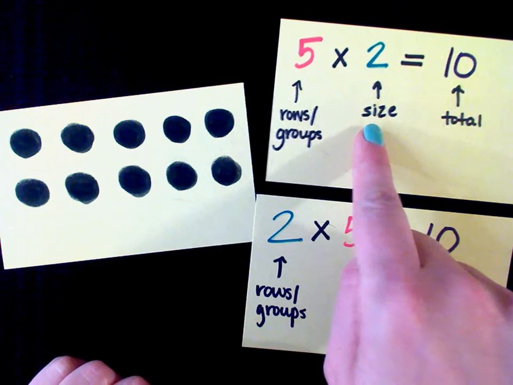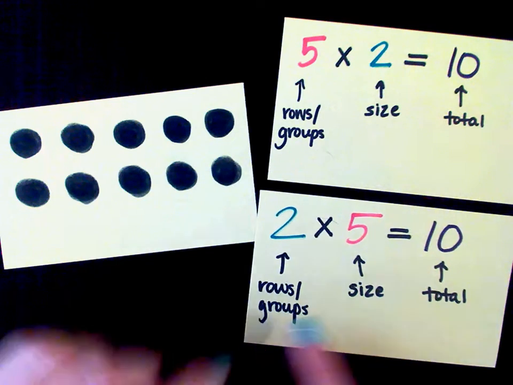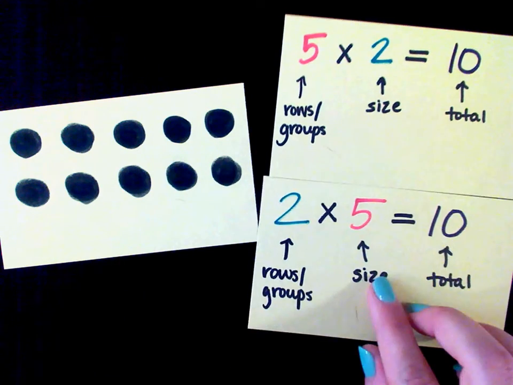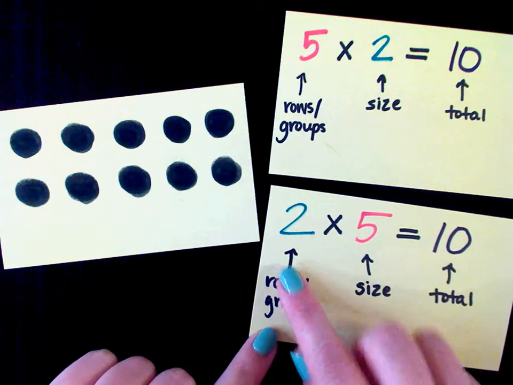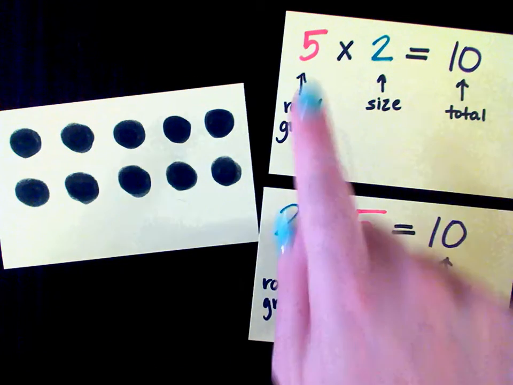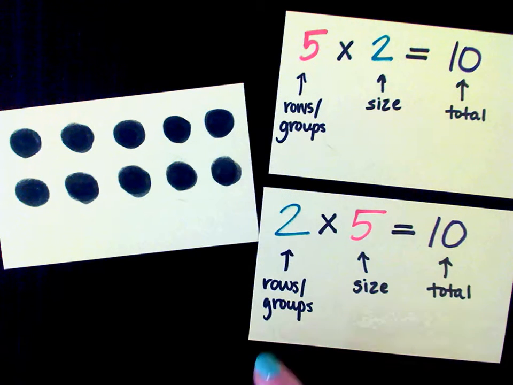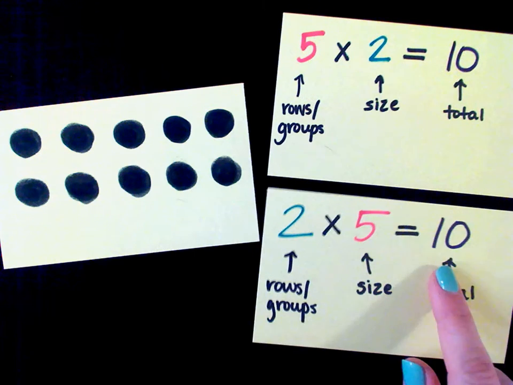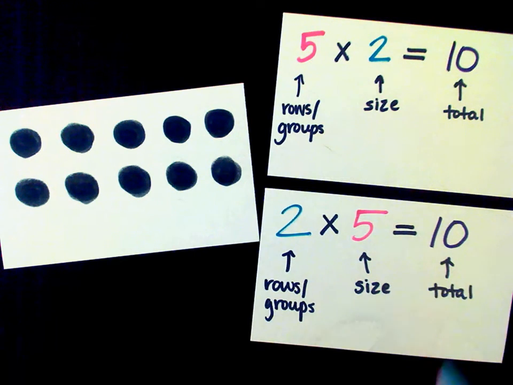It traded places and became the first factor, which represented the number of rows. So the factors then commuted, which is a word that means to travel from one place to another, but the total remained the same. Now this property is helpful because it can help us solve some multiplication problems more efficiently.